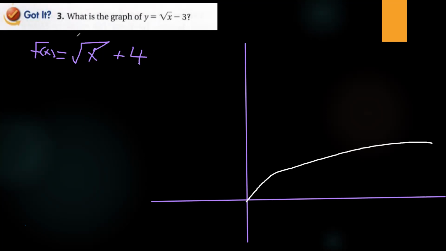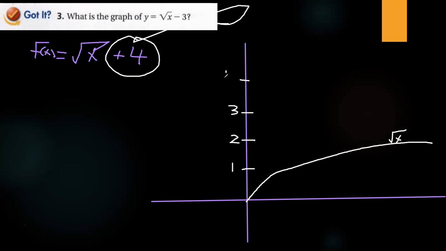Okay, now after I draw the square root of x, I want to shift it how many units? 4 units, upward. So what does it mean? That means I have to shift it. Let's make here 1, 2, 3, and 4.